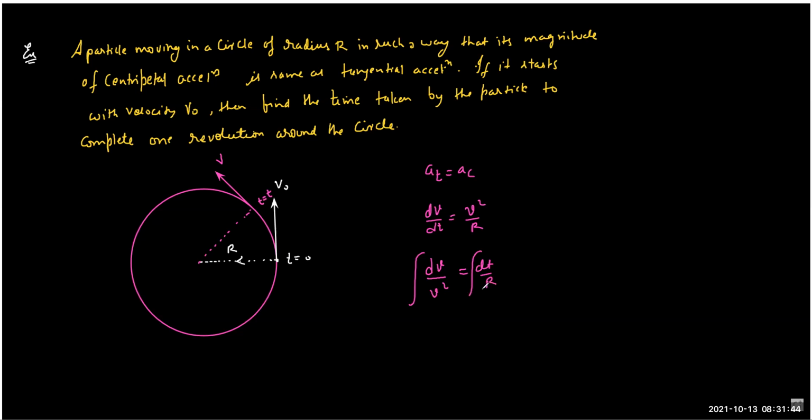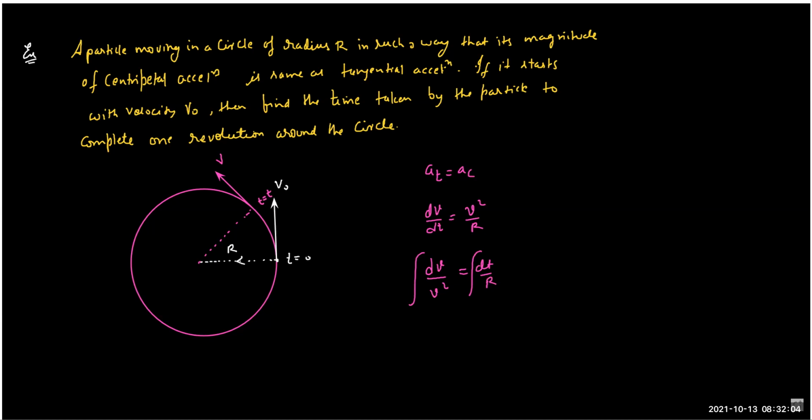Or to find the direct relation between the displacement and the velocity, you can go by the other formula, which is at equals to v dv by ds. So there are various methods to approach. I'll show you three methods, and all methods will let you explore how to start attempting problems like this.